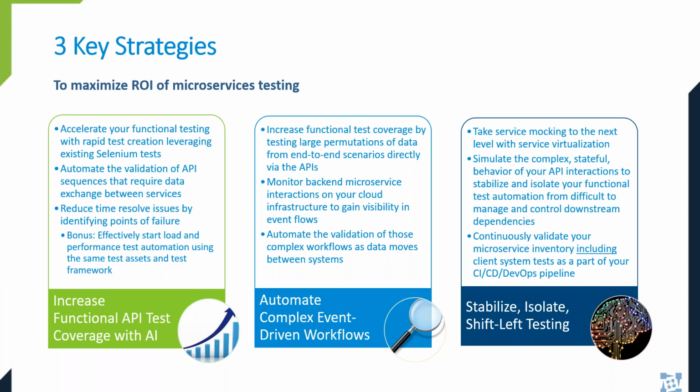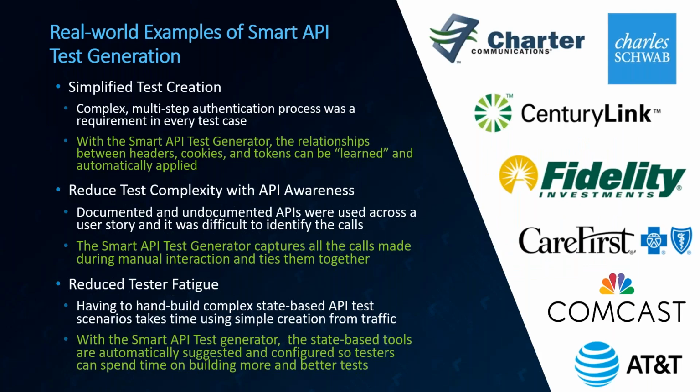Of course, all of this can then be run continuously as a part of your CI/CD or DevOps pipeline through built-in integrations that we have with common build systems and cloud development and deployment architectures, so that you can run the automated tests and deploy the virtual services as a part of your CI process.